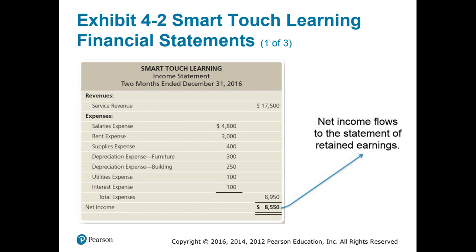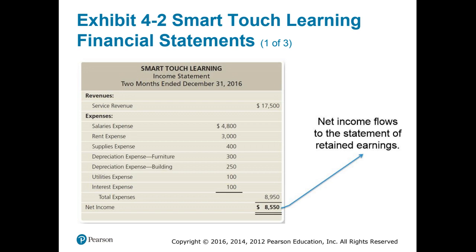So if we had more than one type of revenue, we would have another revenue account listed here. But in this example, we only have one revenue, and so we have service revenue, $17,500. But we have multiple expense accounts. So we're going to list out each of those expense accounts.